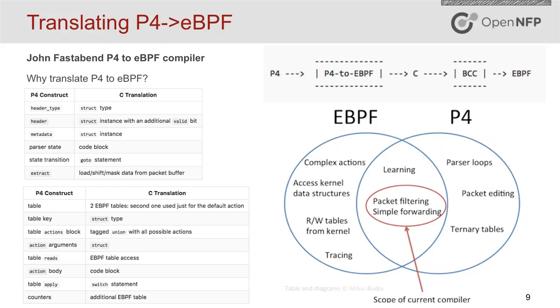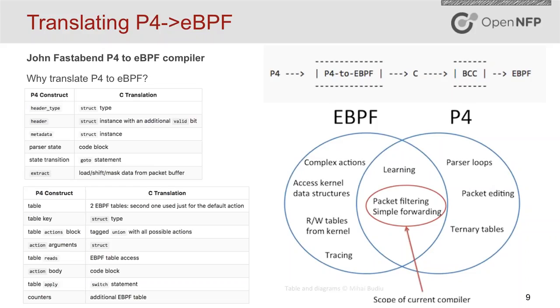Now, the eBPF representation that we're talking about here essentially looks like a traditional C program, and uses C syntax. So if you have a construct in P4, such as the header type, that maps into the struct in C in the translation. If you take another one like the parser state or an action body, those map to a code block.